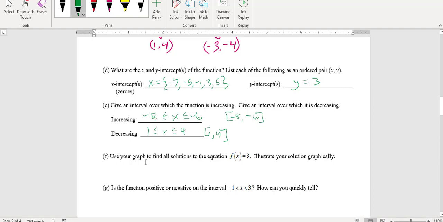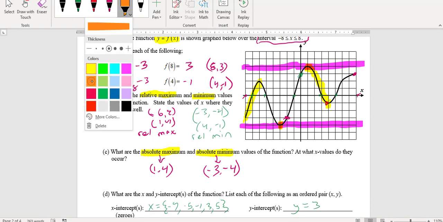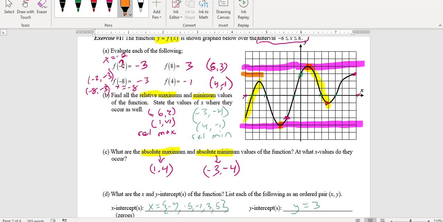It asks us to use our graph to find all solutions to the equation f of x equals 3. So what is this telling us? Remember that f of x really stands for y. So this says that y equals 3. So it wants to know the solution. When is y 3? Well, if I take a look, y is 1, 2, 3. That graph hits that orange line 3 different times.